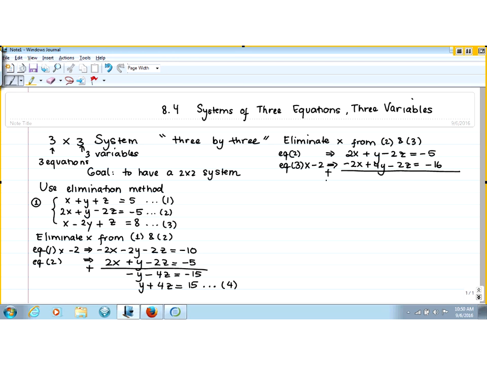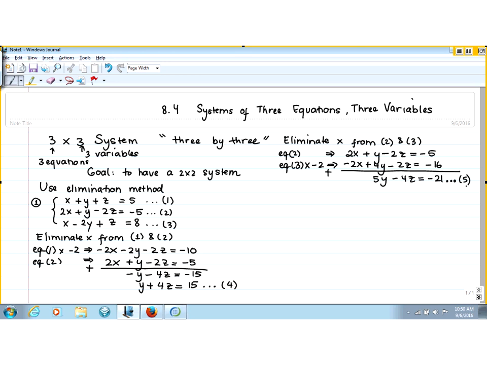All right. Okay, so now we cancel the x. What are we left with? 5y minus 4z, you're right, is equal to negative 21. And we will label this equation 5.